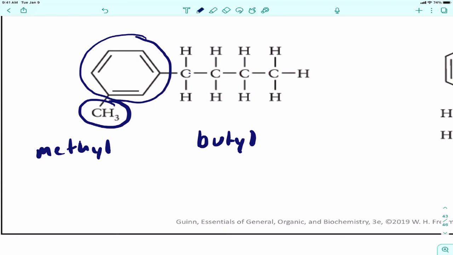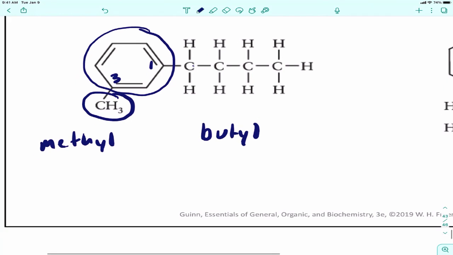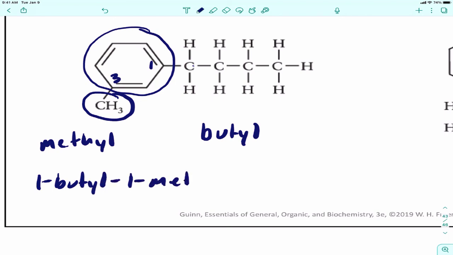In this case, you've got 4 carbons for butyl and 1 carbon for methyl. Butyl would be the carbon 1 position, and methyl would be 3. So this would be 1-butyl-3-methylbenzene.